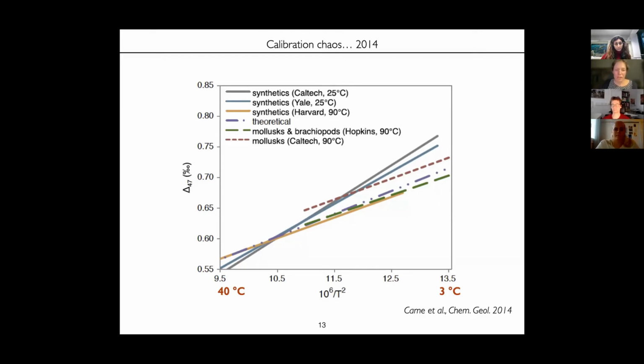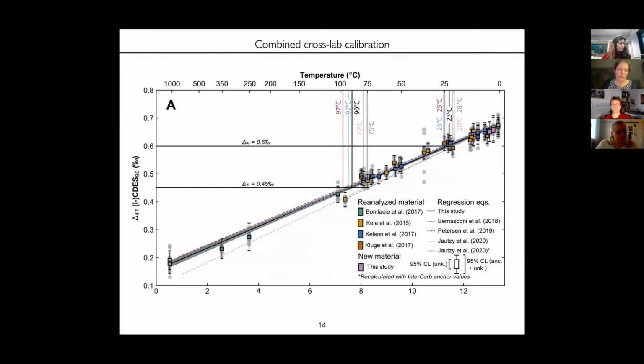So the situation is quite different now from just 5 or 6 years ago. This is just one example of a calibration study where they compile lots of results from different labs on different materials, and you see that over a huge temperature range, 1,000 degrees, these results all agree really well and result in one calibration.